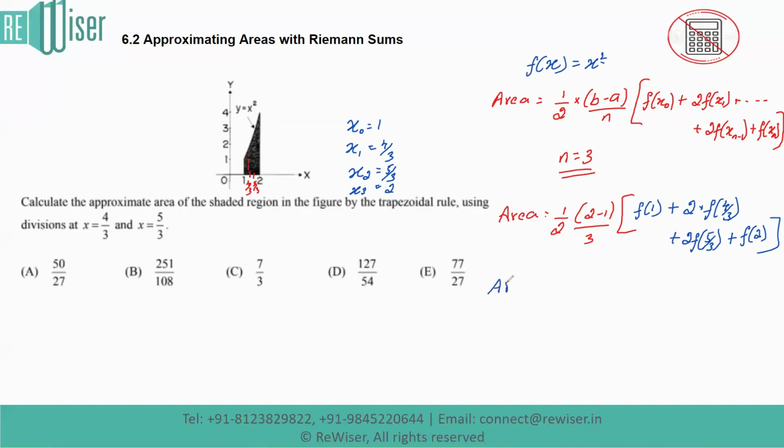So the area would be equal to, if I simplify this, 1 over 6 times: f of 1 is just 1 squared, plus 2 times f of 4 by 3, replacing x with 4 by 3, so 2 times (4 by 3) whole squared, plus again 2 times (5 by 3) whole squared, and f of 2 is just 2 squared. Now, if I simplify this, I'll get the answer as 127 over 54. That is the reason D is the right answer for this sum.